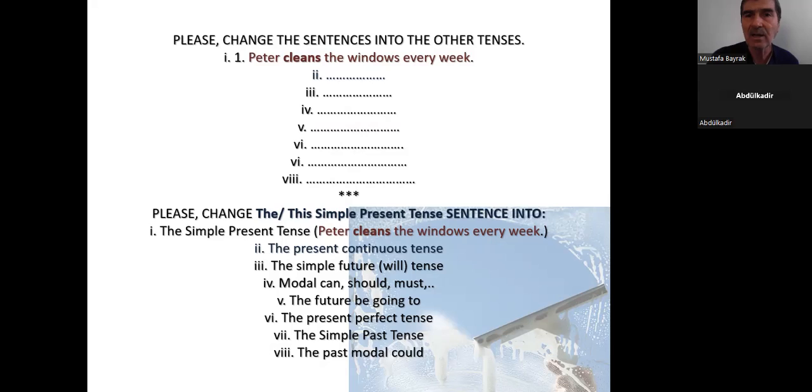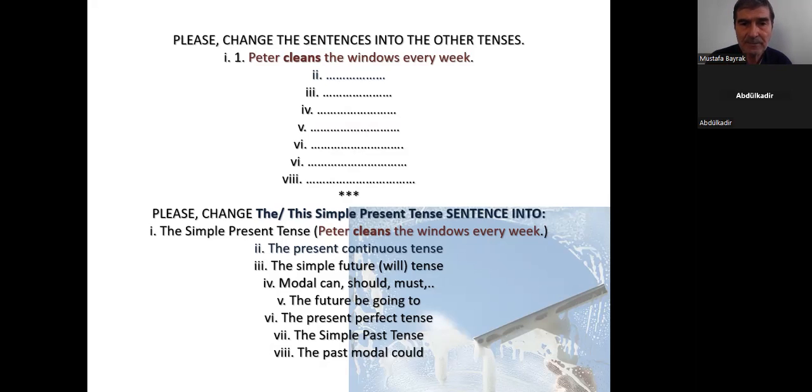Peter must clean the windows today because it's his responsibility. So he must do it. He must do this job. Peter must clean the windows today. Yeah, so it has a different meaning from the present tense, for example.